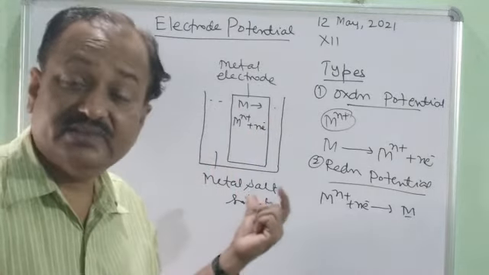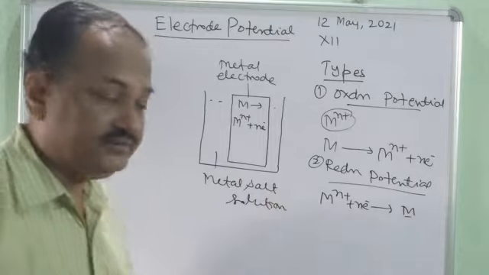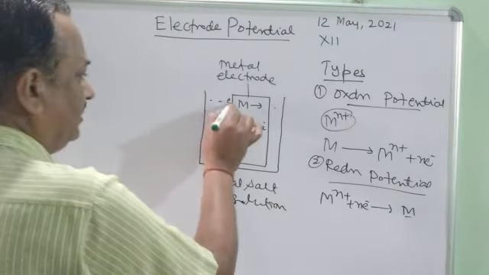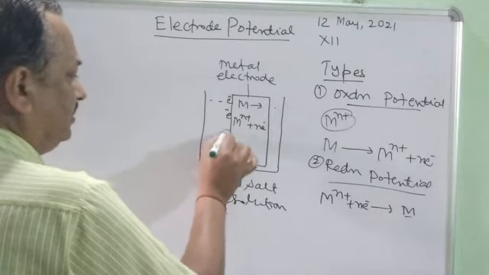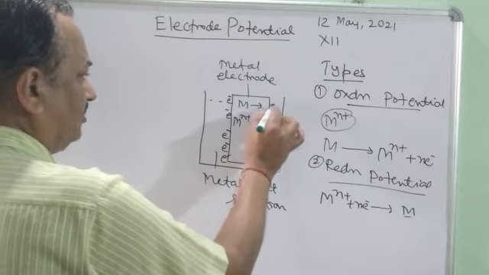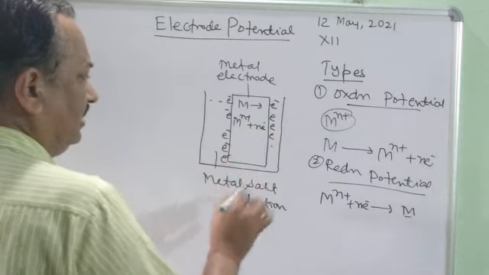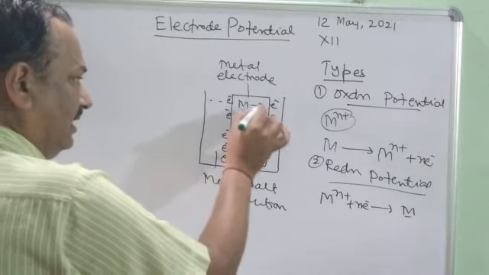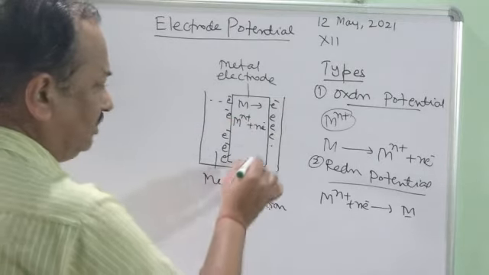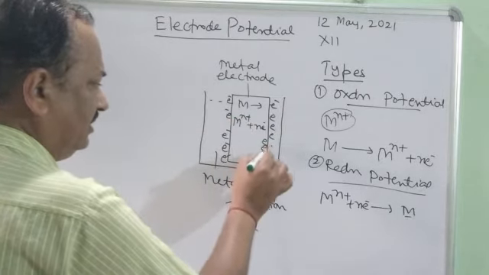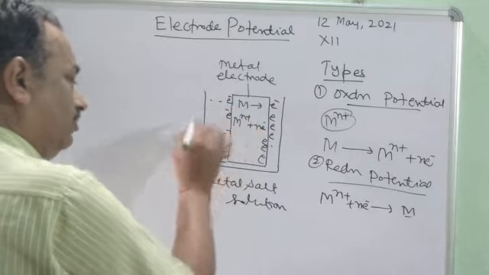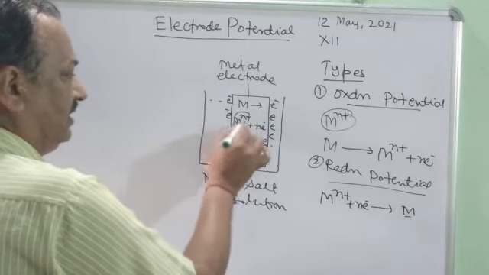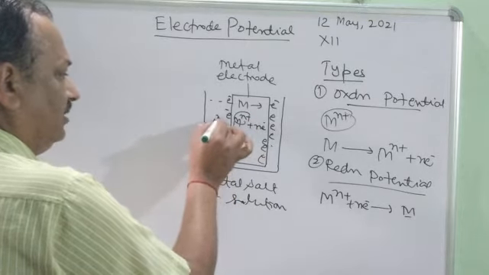It cannot take place inside, it will take place outside at the surface, and here electrons will be accumulated. Electrons will be inside, and outside the electrons there will be the metal ions.